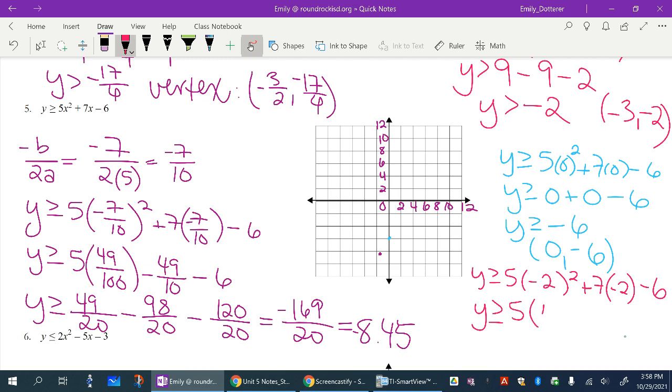Negative 2 squared is positive 4. 7 times negative 2 is negative 14. 5 times 4 is 20. 20 minus 14 is 6, and 6 minus 6 is 0. So the point we've got is negative 2, 0.